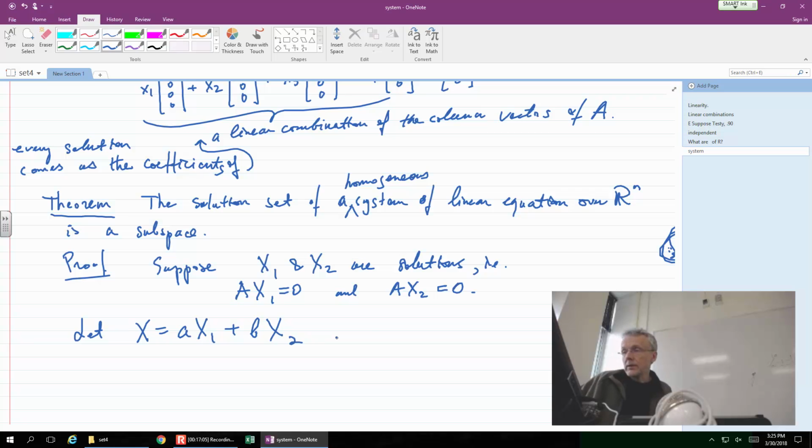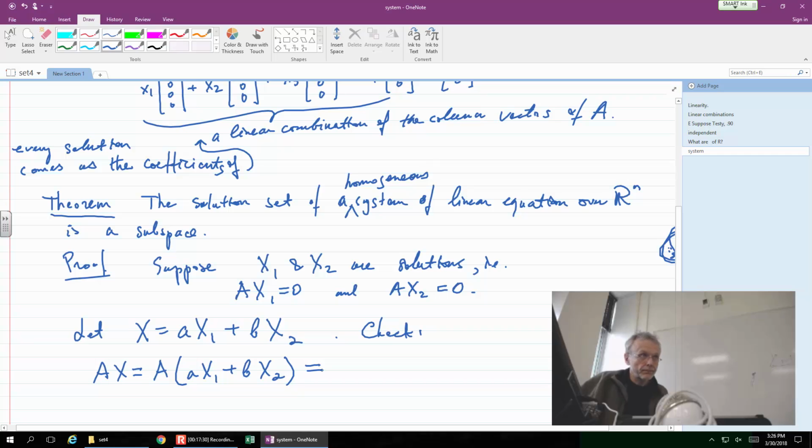Well, it's uncomplicated, so we just check. The solution has been suggested, so we don't have to look for it. We just have to plug it into the equation and see if it works out. So I do Ax is equal to, it is after all a matrix multiplication, A(ax1 plus bx2). What do we do with this? Distribute.